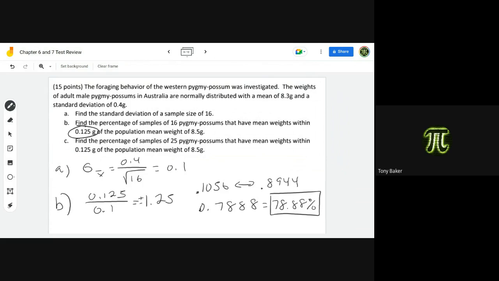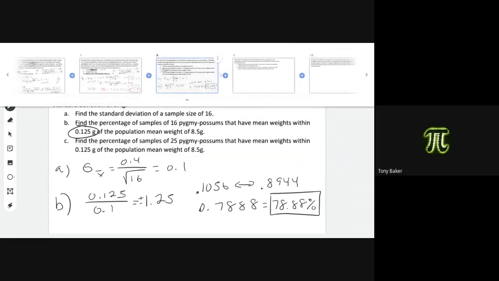What's the only thing that changes for the next problem for C? Sample size. So what is that? That changes my standard deviation a little bit, right? So in essence, we're going to do the exact same thing.